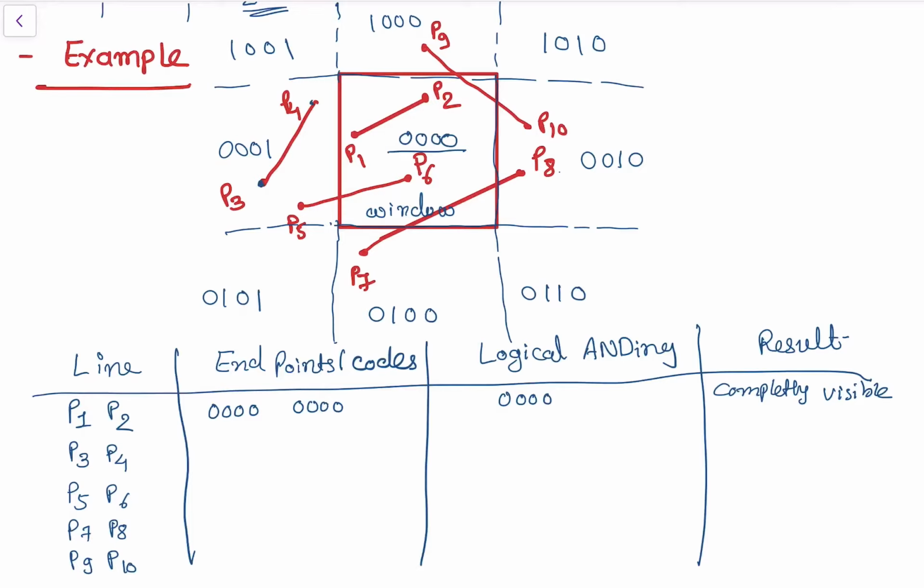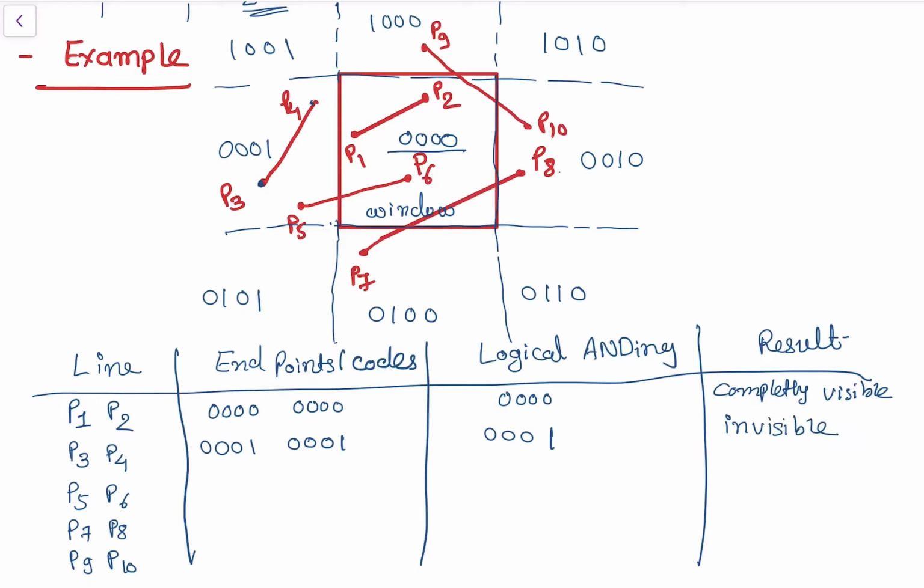So the P3 and P4 values are 0001 and 0001. And what will be the logical AND operation result? That is 0001. So we can say that this is not 0. So the line is invisible.